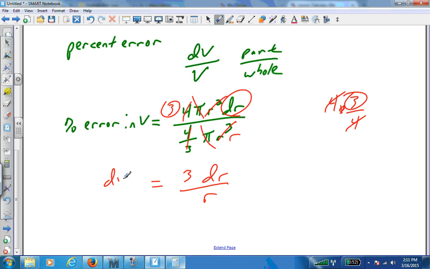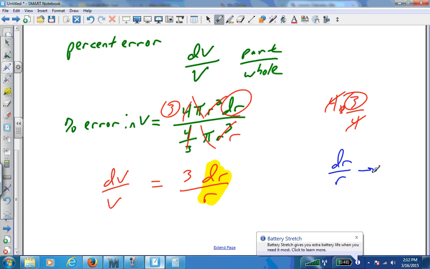So the percent error in volume, dv over v, is equal to 3 dr over r. Now, keep in mind, this is the error in radius over radius. This is actually percent error of the radius. This is a percent error of the volume.